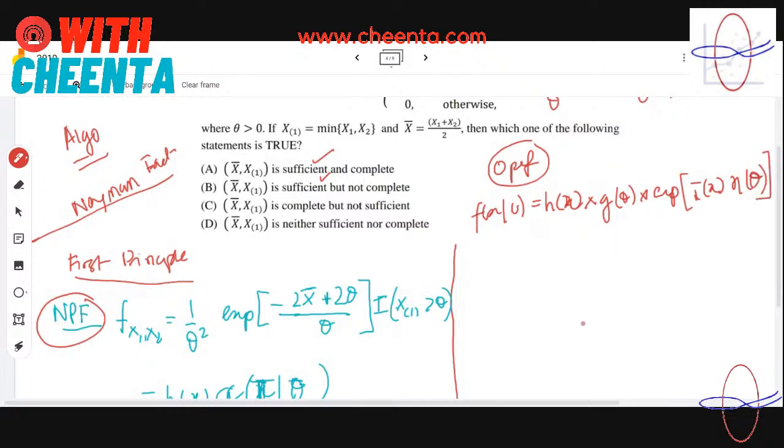I can see that g of theta is 1 by theta square, h of x is 1, and the exponential you can easily formulate in terms of exponential, right? It's e to the power log of this.